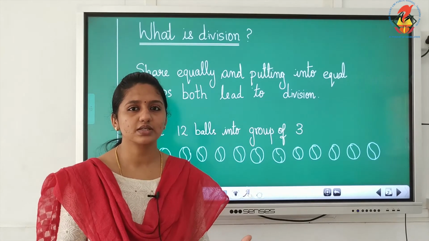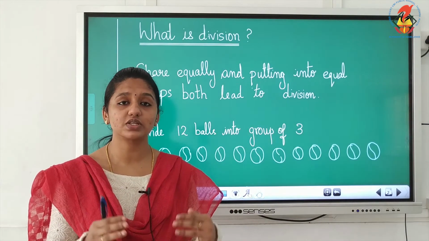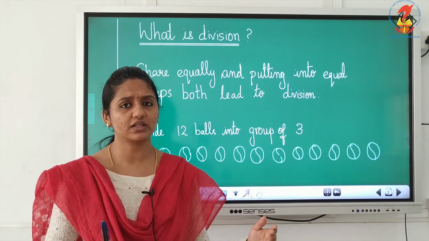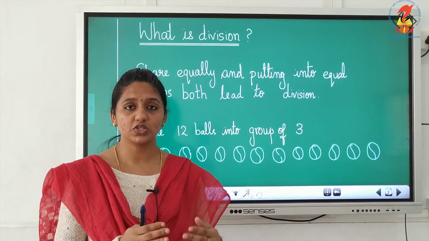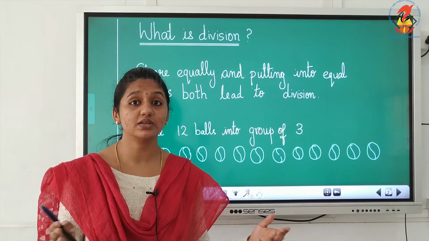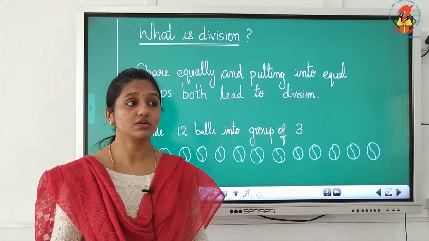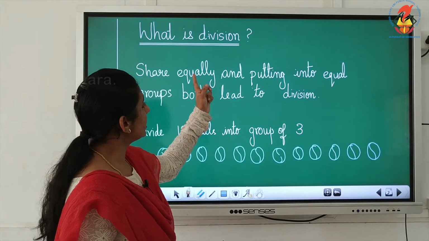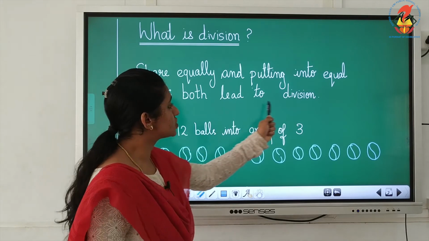Equal groups means, when we do a group activity in school, teachers divide our students equally into 6 groups. 36 students are there in the class. The teacher divides them into 6 groups. How many students can be included in each group? 6 students, right? So sharing equally and putting into equal groups both lead to division.